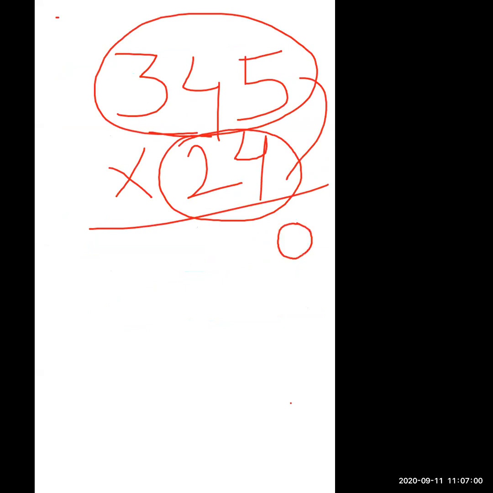After that, 4 into 4 is 16, plus you want to add this 2, the answer is 18. Again 1 is going here. 18 is the answer.